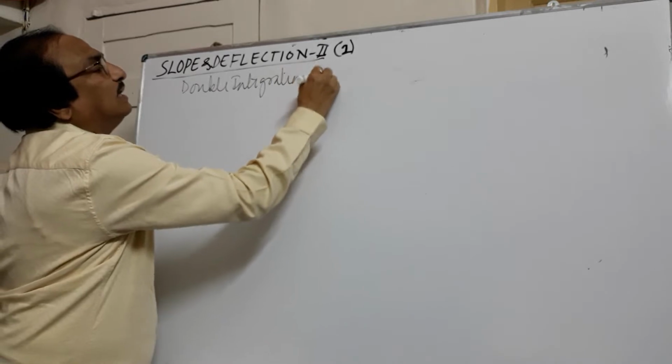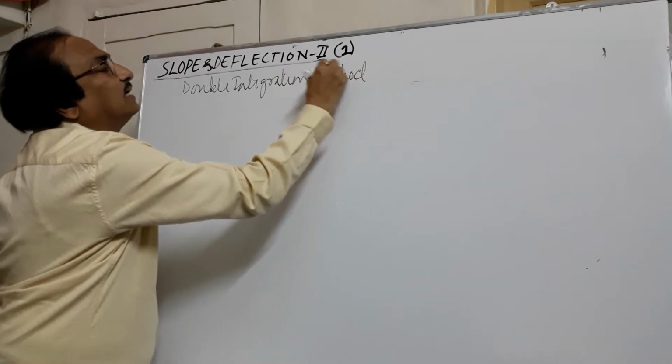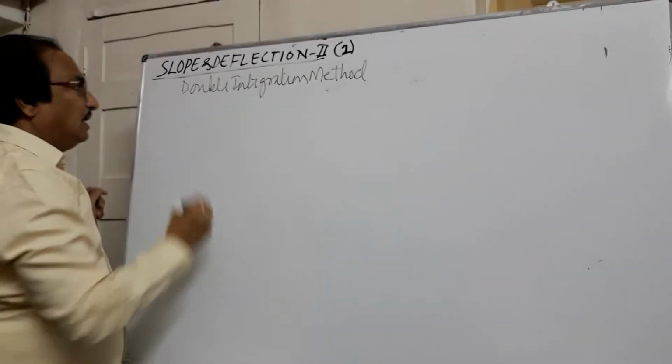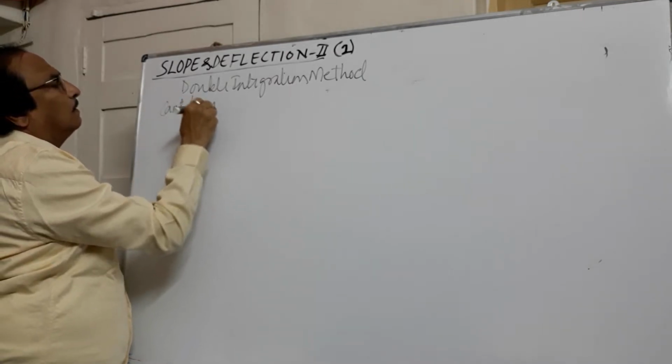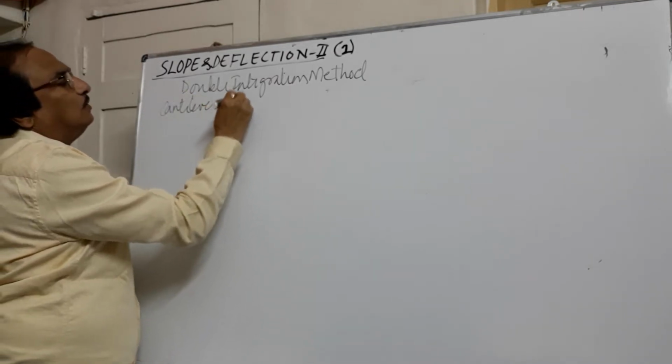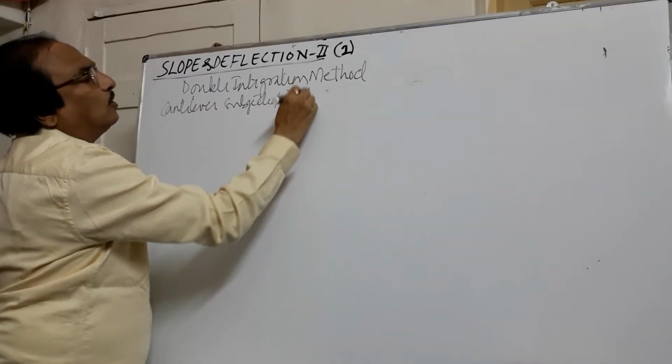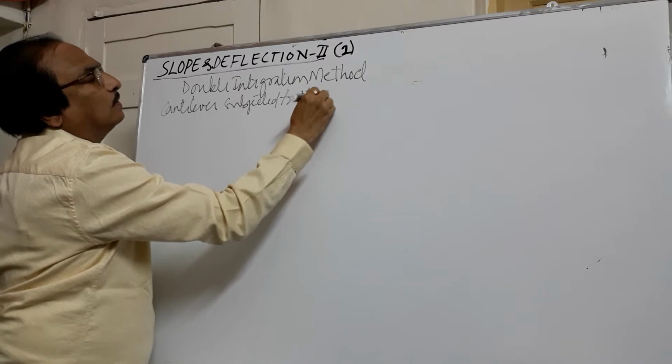We have seen that in the double integration method, we integrate the bending moment equation twice. Let us take a cantilever subjected to a point load or concentrated load.